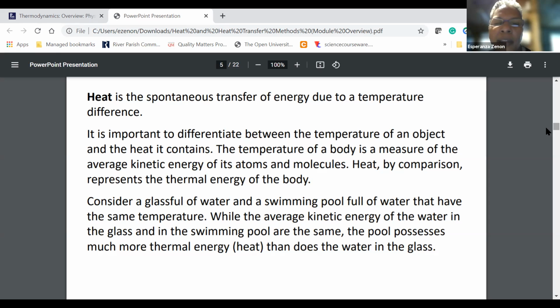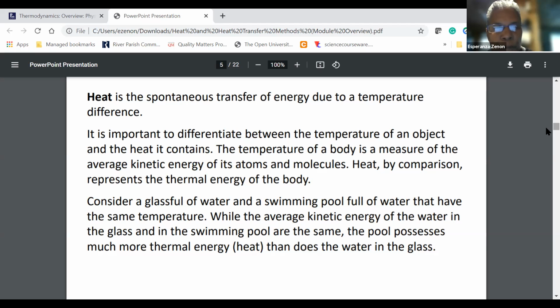So if you take a hot piece of iron and you dunk it in water, you're going to have some heat being transferred from the hot iron to the water. And that's going to happen all on its own. You don't have to provoke it in any way.